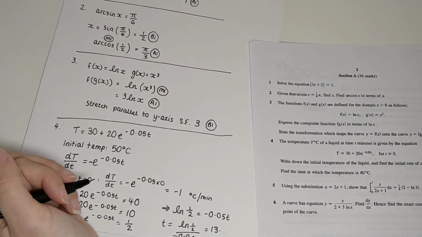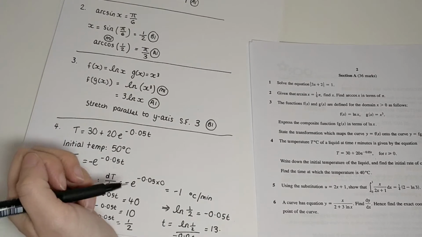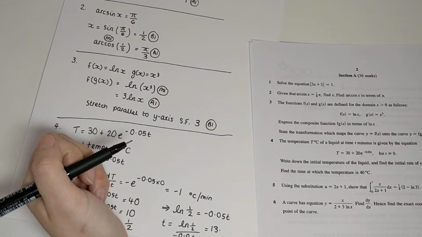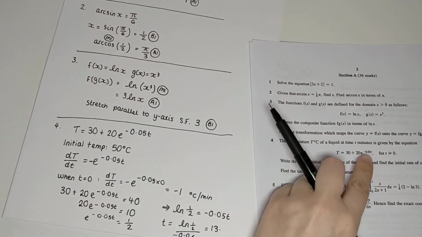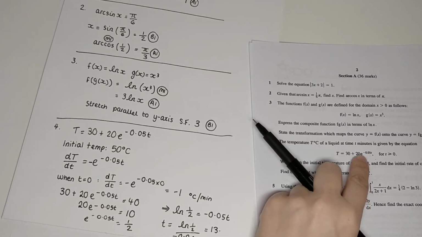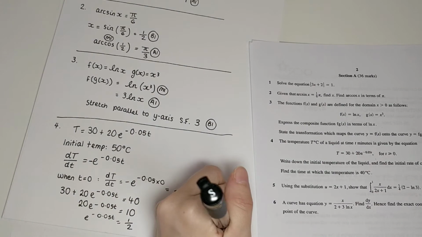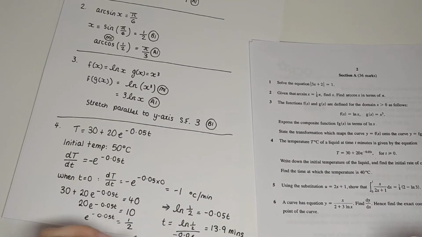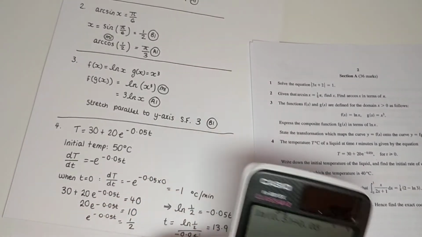Does it say significant figures? Or what should I give it to? That's got 3 significant figures, kind of. Or it's got 1, you can't really tell. Let's go for 3 significant figures. 13.9 minutes. Yeah.